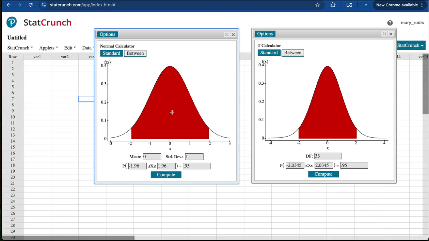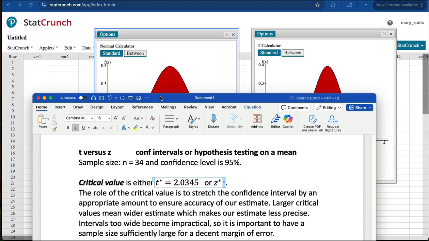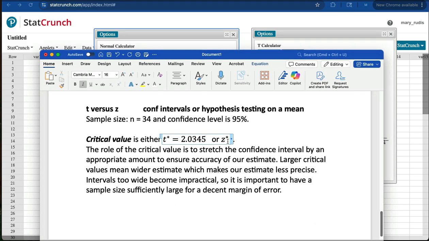So look at the difference between these two graphs, and you will see that the Z graph is stretched out a little bit more, but the Z value is 1.96. So I'm going to write that in here, Z star equals 1.96.